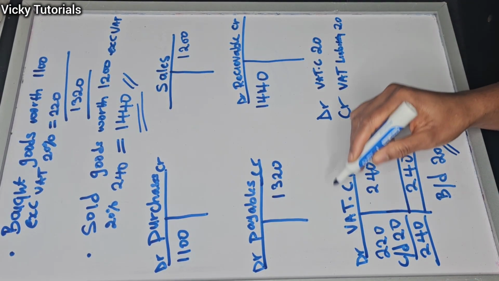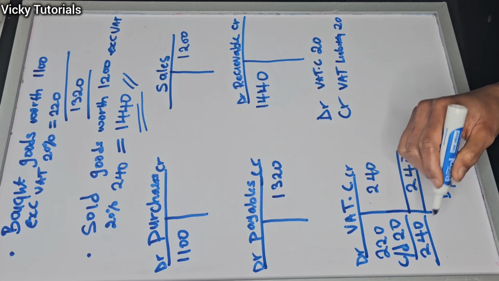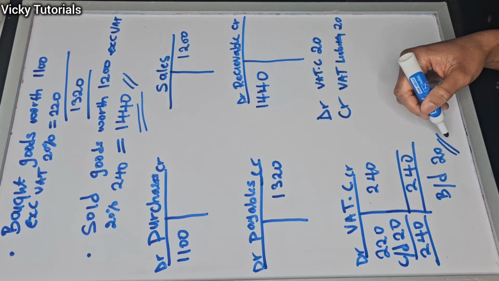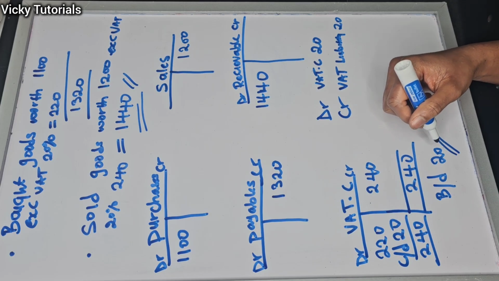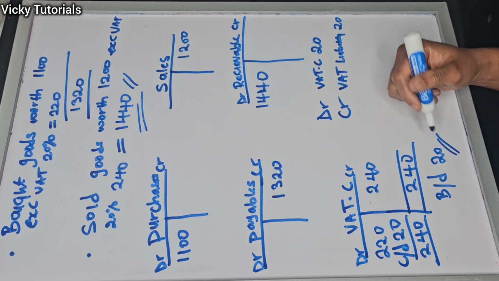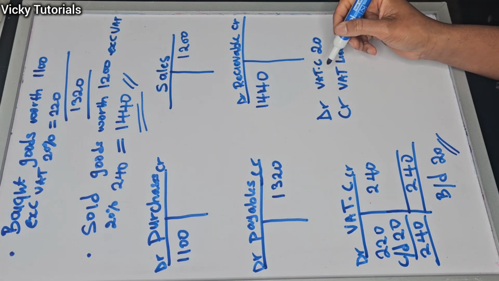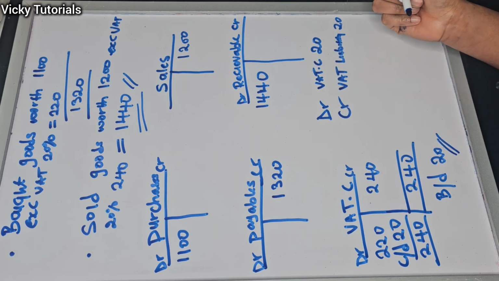So this account has cleared off, nothing remaining in this account. Because this is originally a credit side, we have an amount that balances on the credit side. In order to make this VAT control account zero, we have to debit VAT control account.